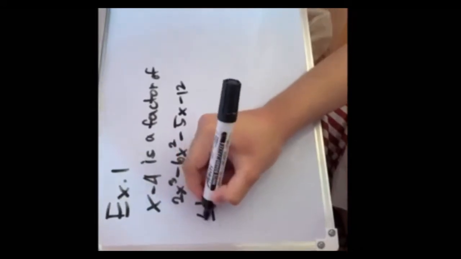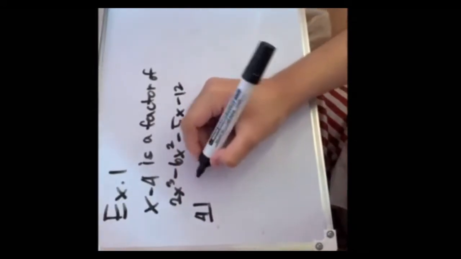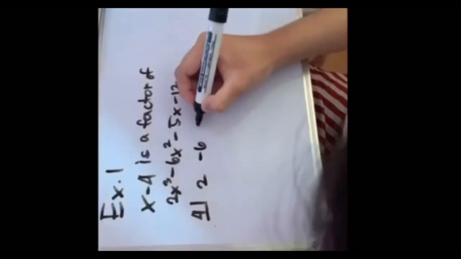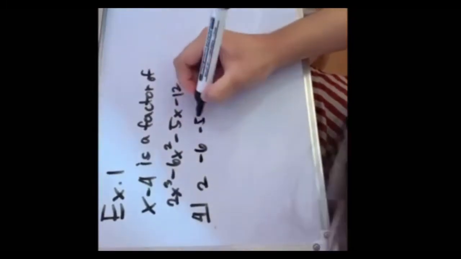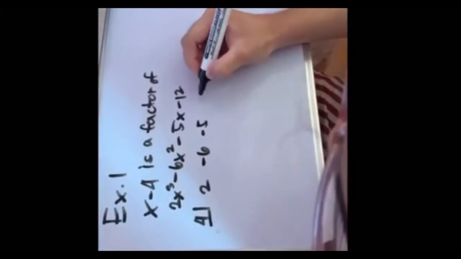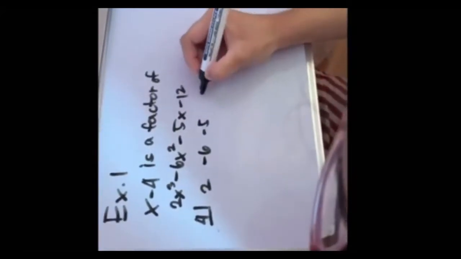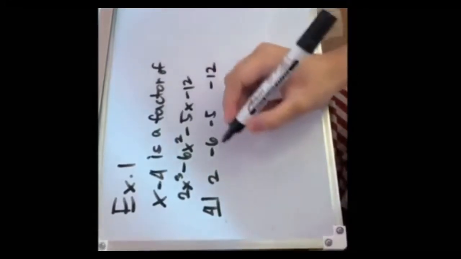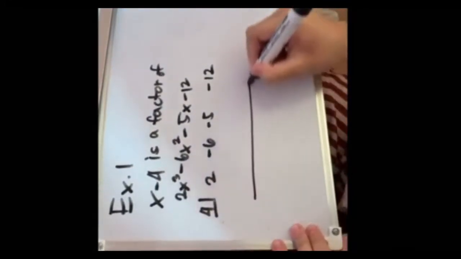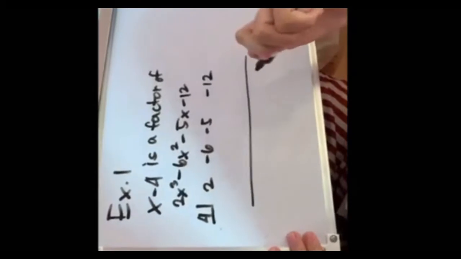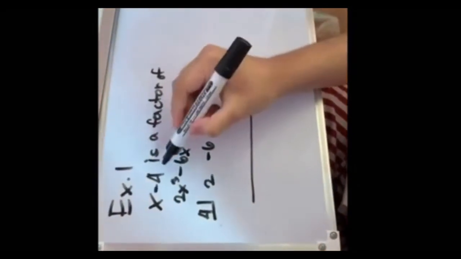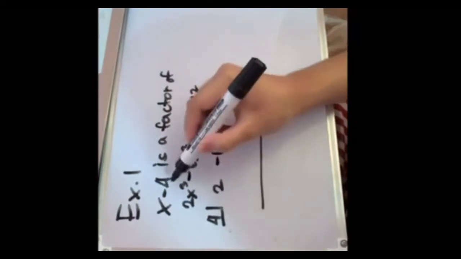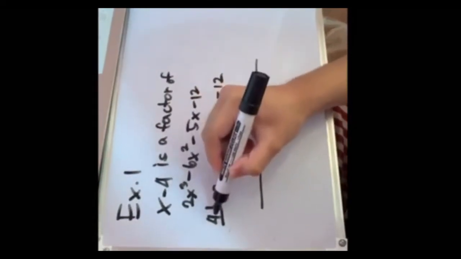Write the coefficients 2, negative 6, negative 5, negative 12. Since the 4 is negative in x minus 4, we turn it into positive 4.